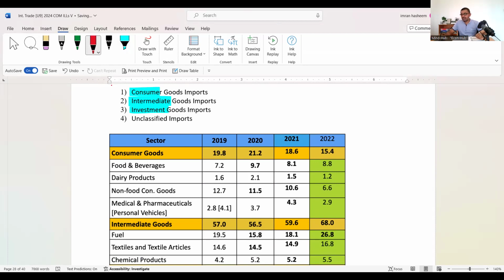Consumer goods, over the years, you can see, especially from 2020, that's the base, because 2019 is the Easter Sunday devastation, so there's a bit of an abnormality. Then someone could ask, sir, what about the pandemic and all?